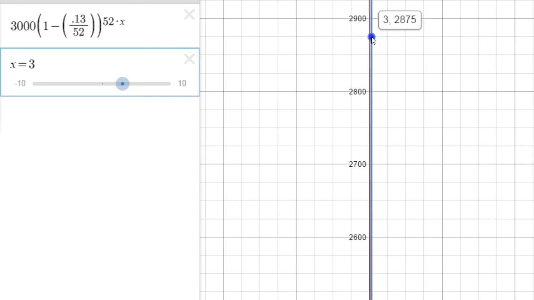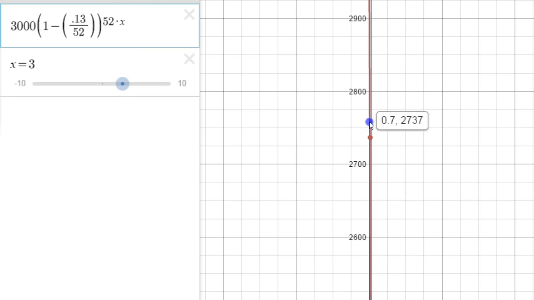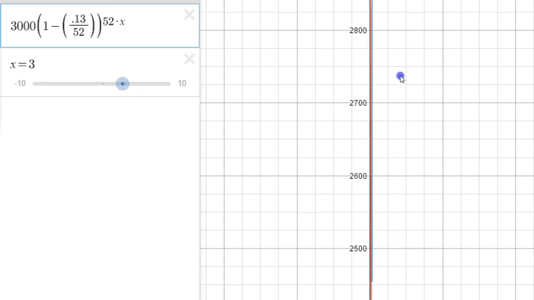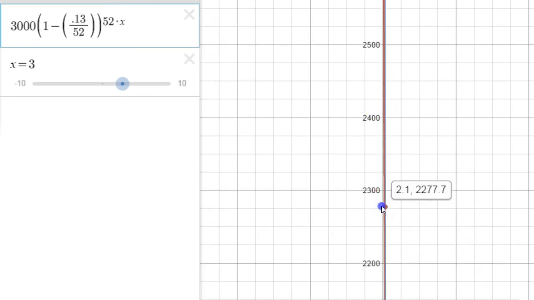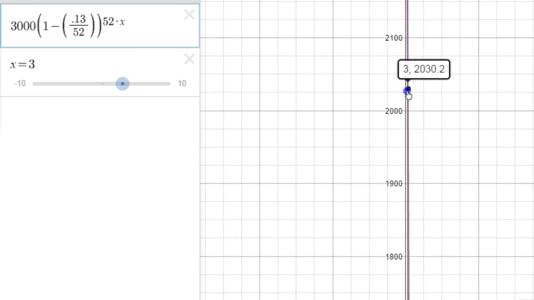And if we click here, there it is. You would find the same answer as what we just did. So you can also find it graphically, and you could find the actual answer by just plugging it in. That's the beautiful thing about all this.